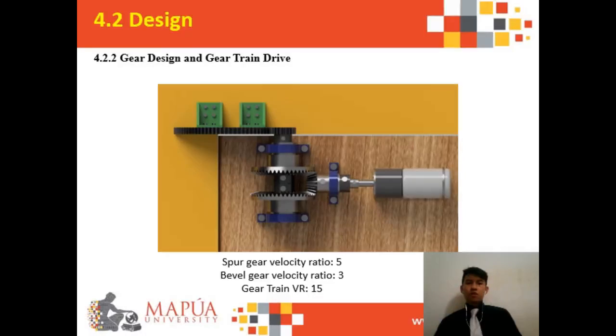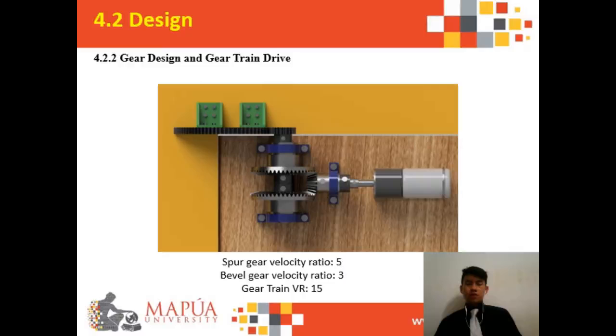It is important to say that we used on the spur gears a module of 1.5 millimeters and a 20 degrees involute, and the pinion has 18 teeth, and the spur gear has 108 teeth.